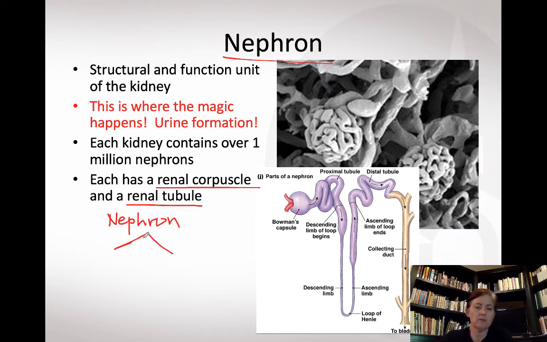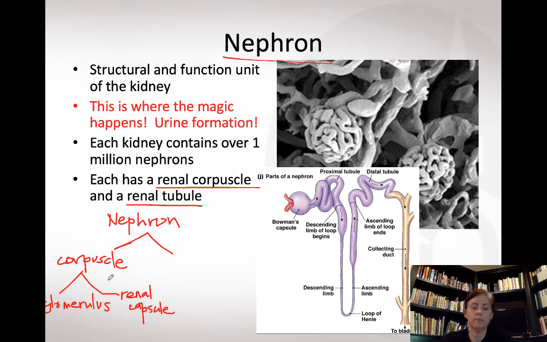So it's going to consist of a corpuscle, and then a corpuscle is going to consist of a glomerulus, and the second part of that is going to be a renal capsule, otherwise known as Bowman's capsule. Okay, so that corpuscle consists of these two structures.